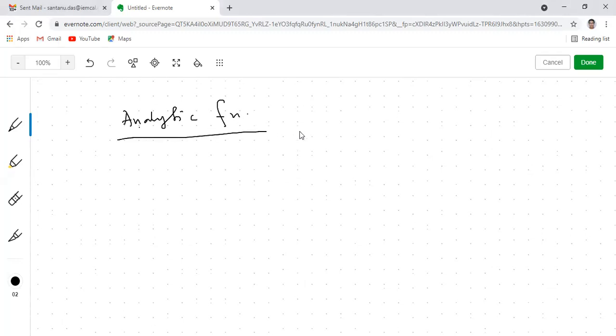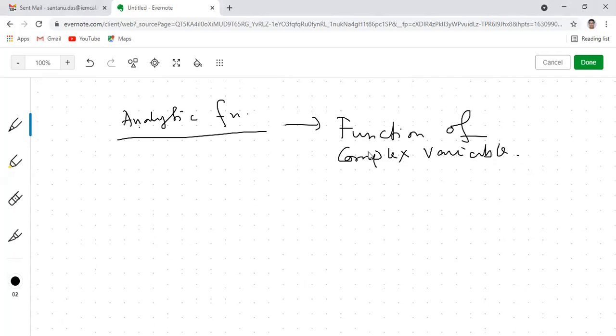This term is valid only for functions of a complex variable. The concept of analytic function is not valid for a function of one real variable or a function of two real variables. Rather, this concept of analytic function is valid only for functions of a complex variable.